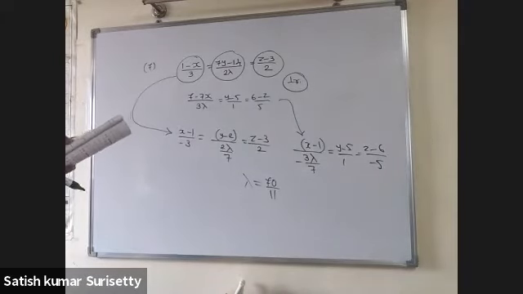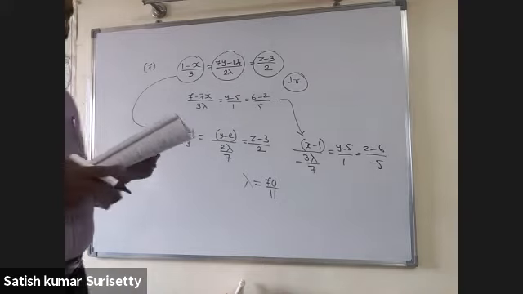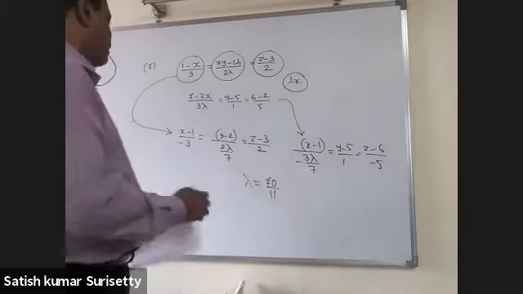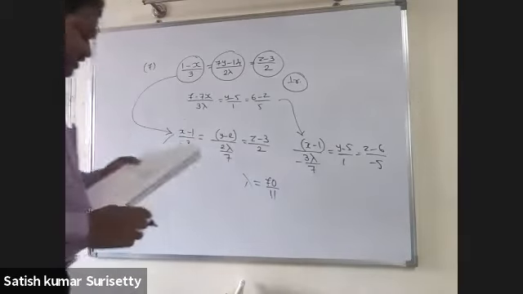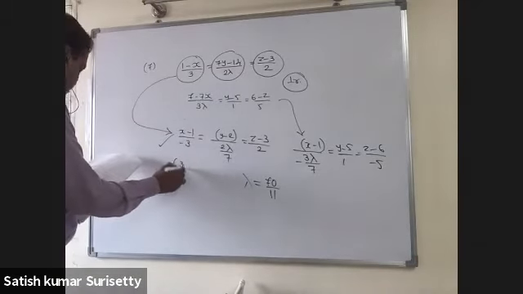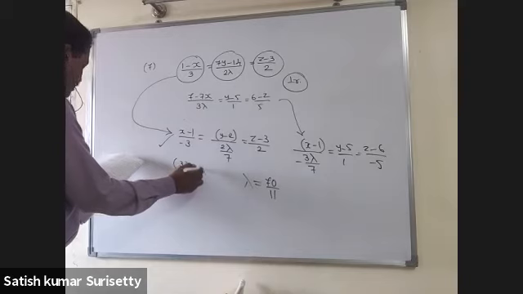Also find the equation of a line passing through the point and parallel to the line L1. So parallel to the line L1 passing through the point 3, 2, minus 4.